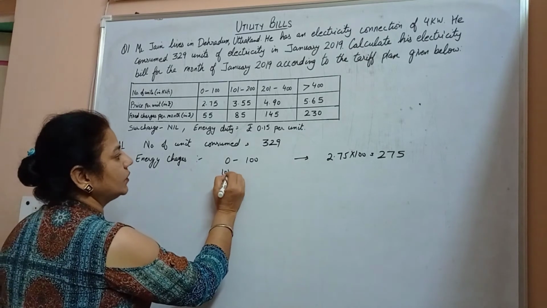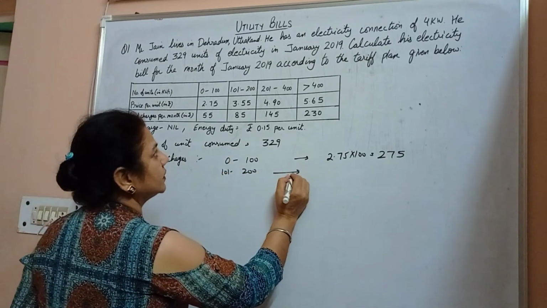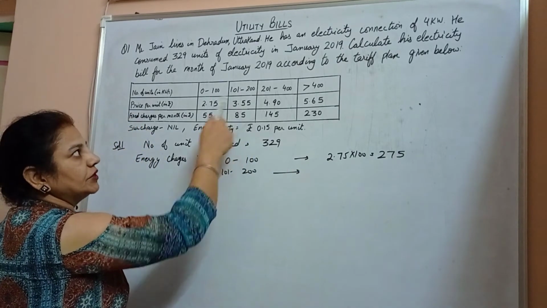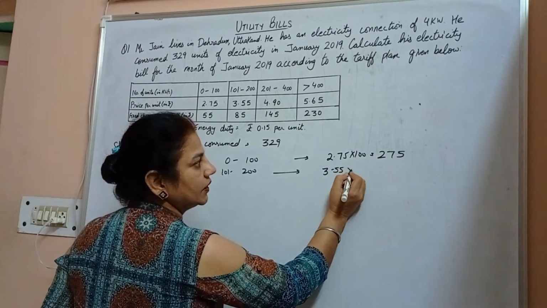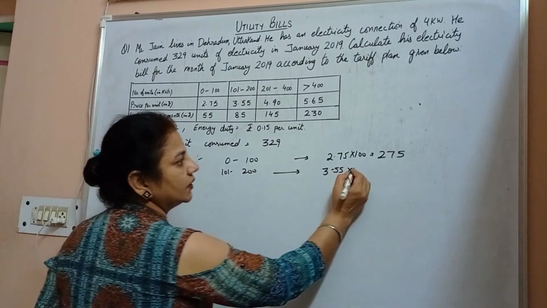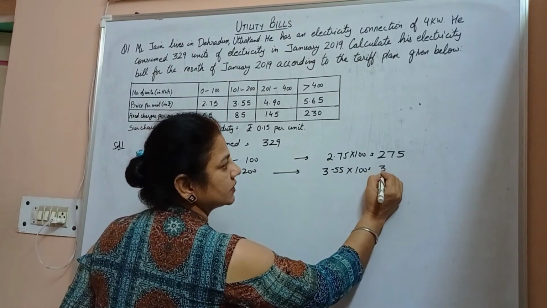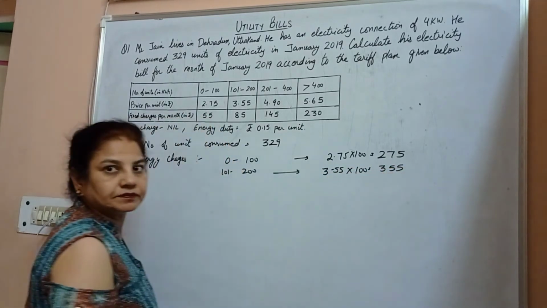Then 101 to 200 units, the price is 3 rupees 55 paisa per unit. That means 100 units into 3.55, amount is 355 rupees.